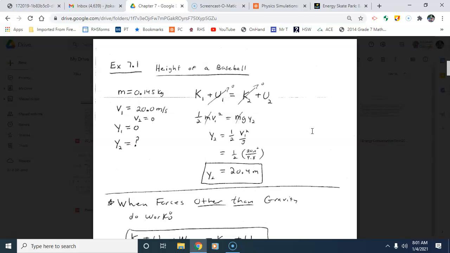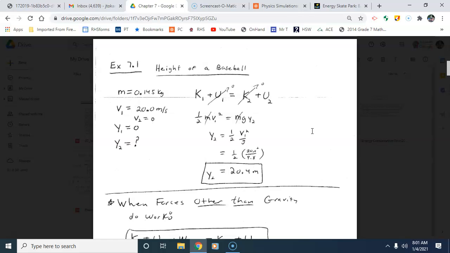All right, it says you throw a 0.145 kilogram baseball straight up, giving an initial velocity of magnitude 20 meters per second. Find how high it goes, ignoring air resistance. In the bottom left-hand corner of this example, there's a good diagram to look at.